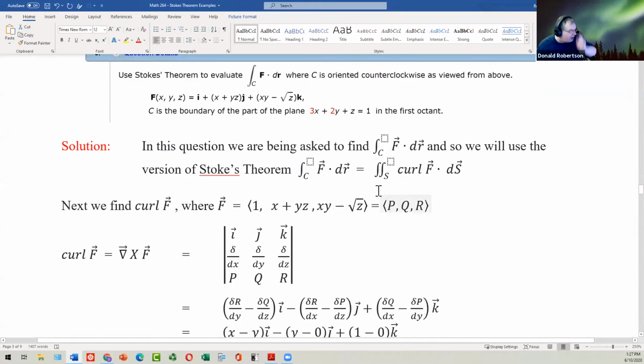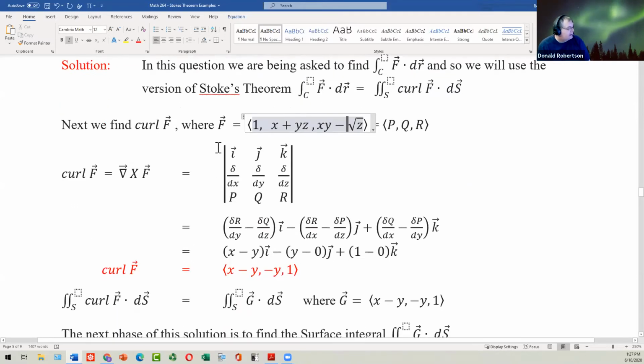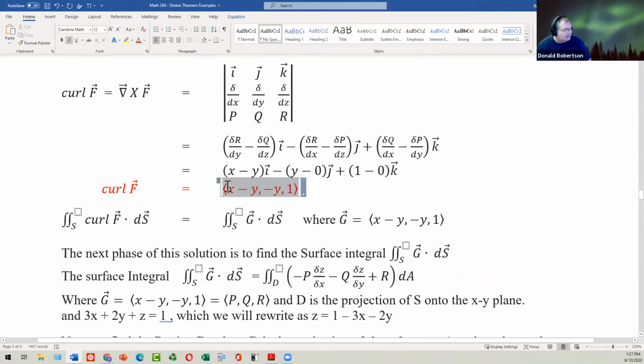Right, so that's what that was about. So let's see what we have. Well, we're going to use Stokes' theorem. Stage 1, let's find the curl of f. Right, the surface integral, the curl of f. So this is f. So we'll call this guy p, this guy q, and this guy r. And here is the curl of f. And can you just trust me, which is dangerous, but I believe it's right, that eventually you get this guy here, right?